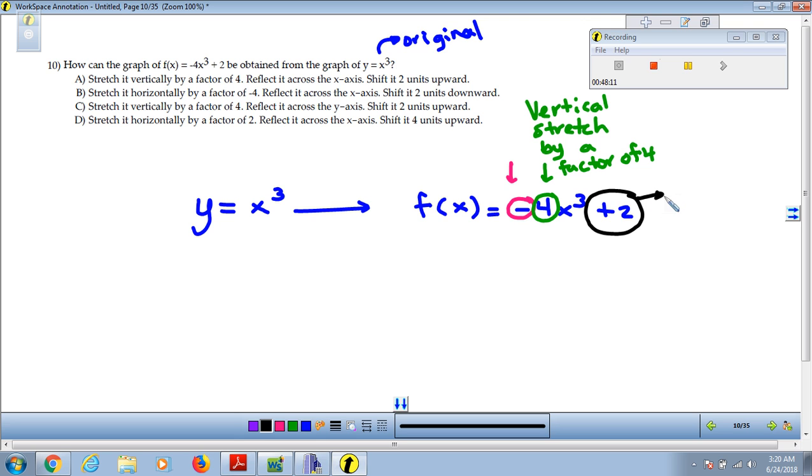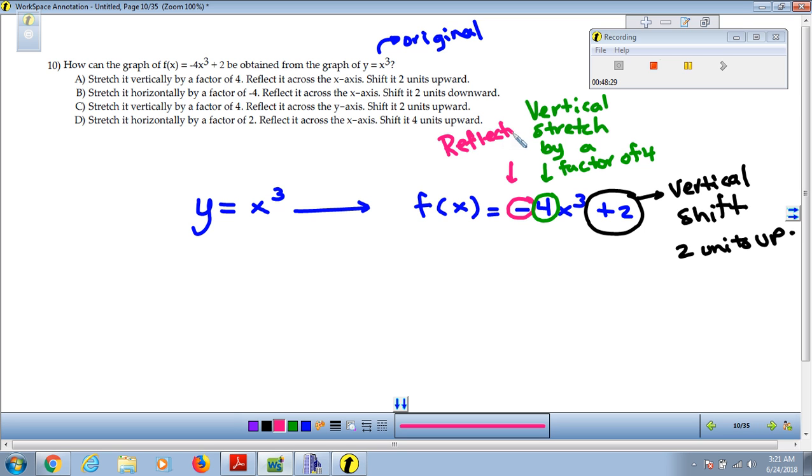This 2 is a vertical shift 2 units up, and the negative means a reflection. Remember that depending where the negative is, it is a reflection over the x-axis or over the y-axis. This is a reflection over the x-axis.